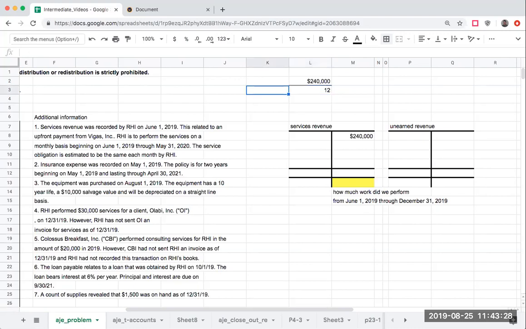So the amount of monthly revenue I should be recognizing from this contract, 6/1/19 through 5/31/20, a period of 12 months, is going to be $20,000 per month.